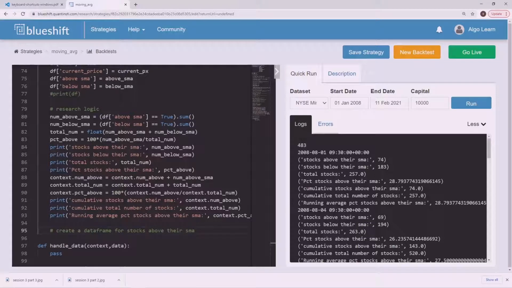And so there's almost 230 stocks that are in our universe today that were not in the S&P 500 universe back in August of 2008. And so that is a little bit of a bias issue.